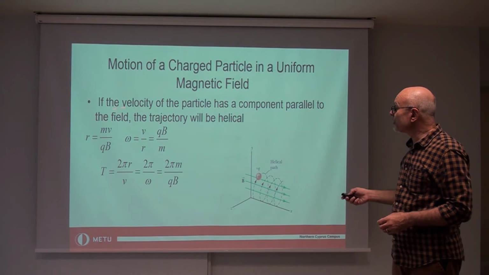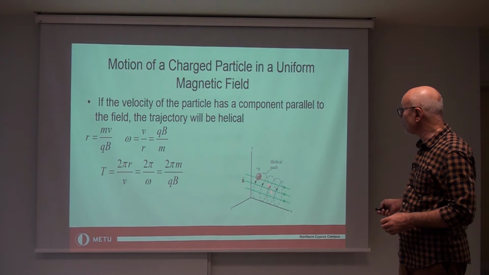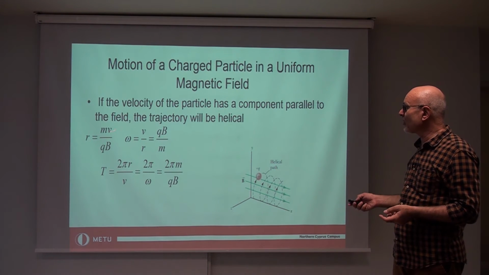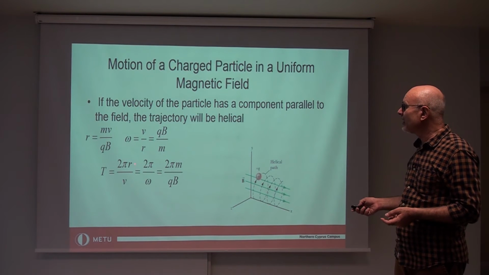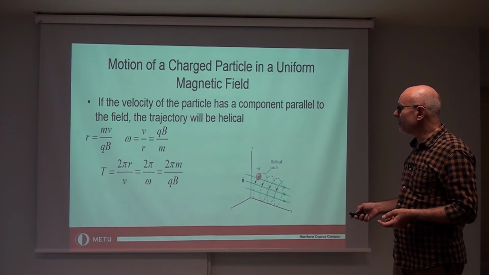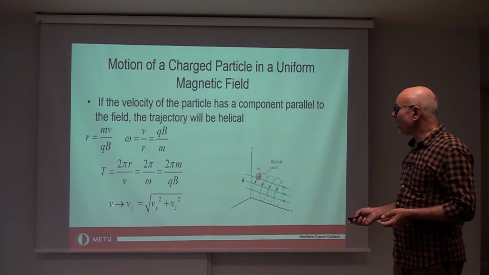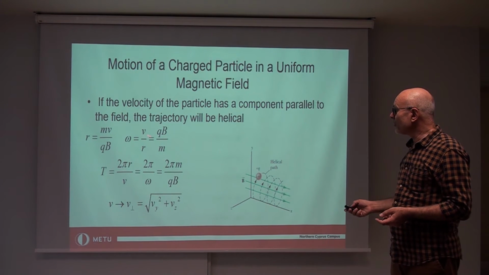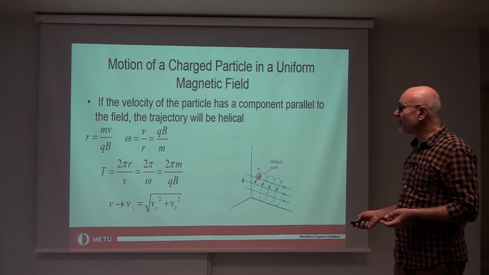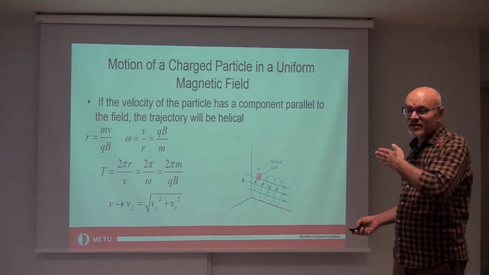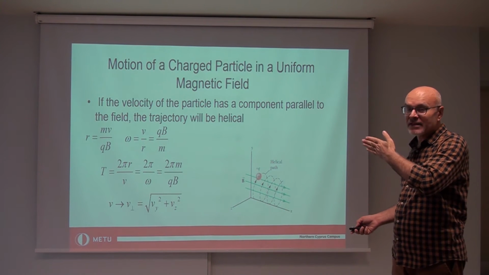All the equations that we have derived for the circular orbit are still valid. This is the radius of the orbit, this is the angular velocity, and this is the period, except that now you have to use v perpendicular, which is the magnitude of the component of the velocity that is perpendicular to the field.